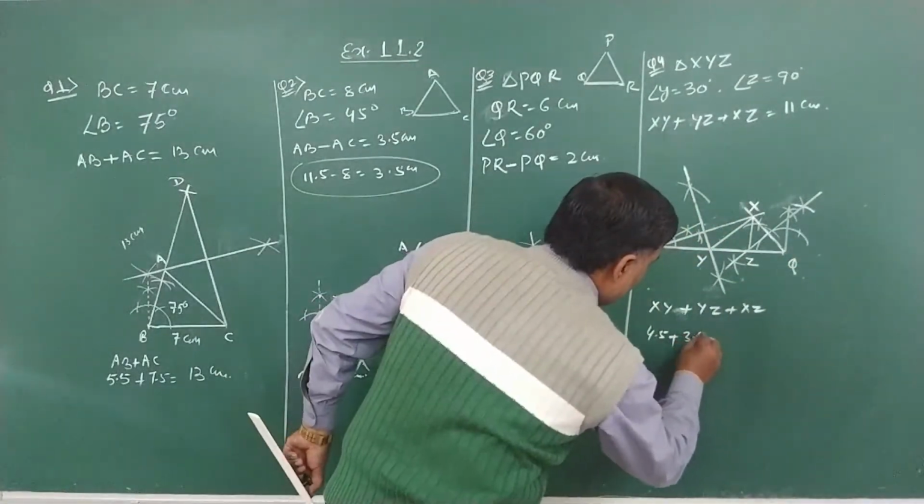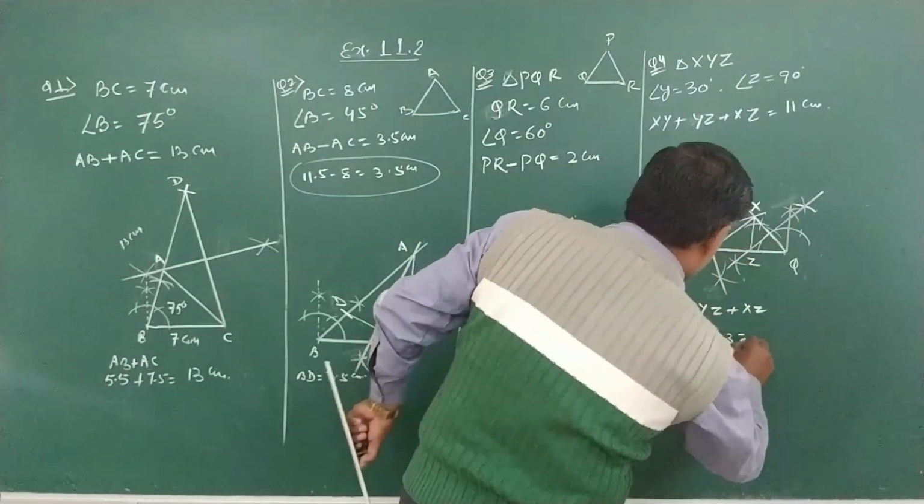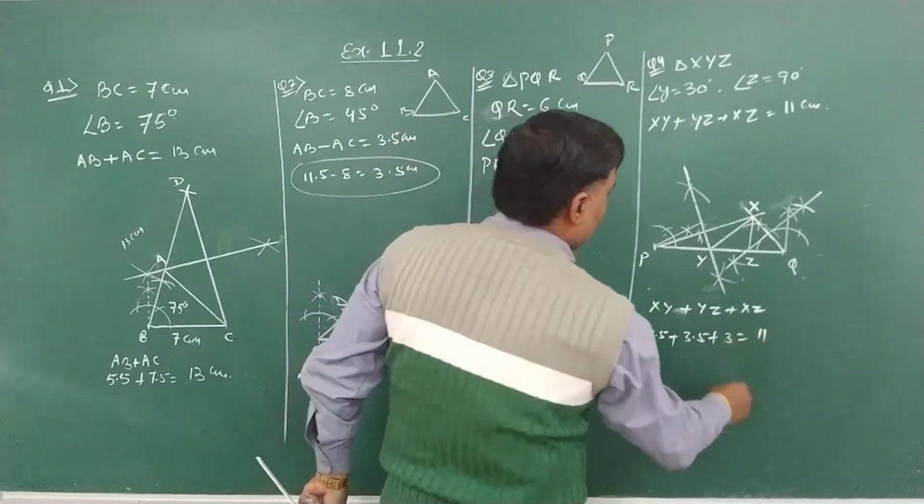So this is your 3.5 and this one is your 3. So you got 11 centimeter.